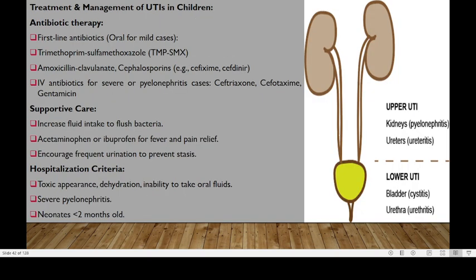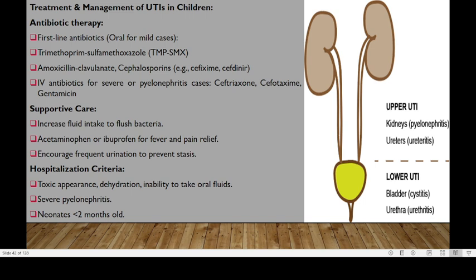In terms of treatment, we do the antibiotic therapy, where the first line antibiotics that is oral for mild cases. We have trimethoprim-sulfamethoxazole, that is Septrin, amoxicillin-clavulanate, that is Augmentin, or cephalosporins, like cefixime and cefditoren.